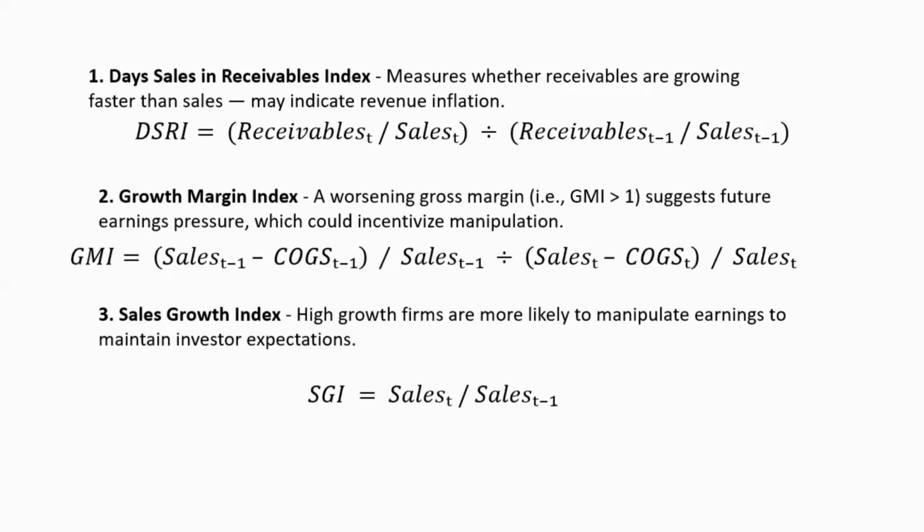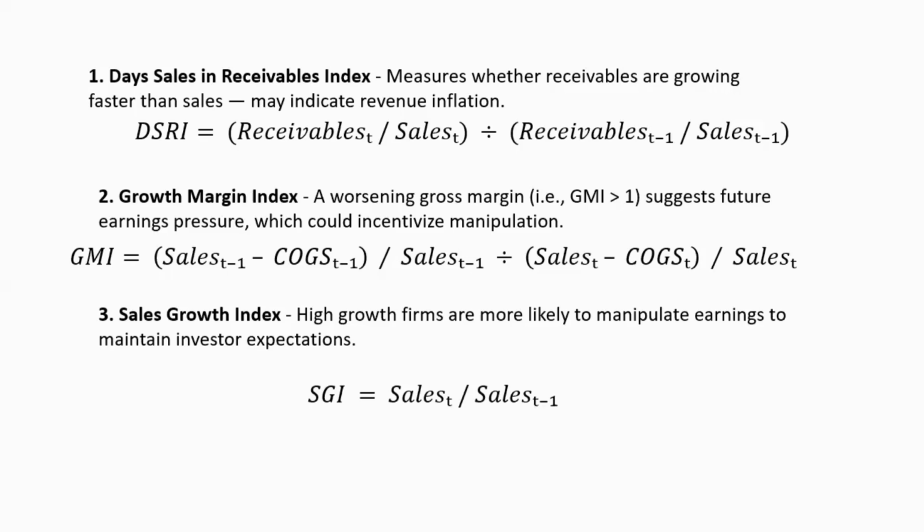Now the other ratio, we have the gross margin index, where it sees the profitability, because companies have pressure to report higher profits. If a company tries to present their statements in such light, then we can catch it under this ratio.